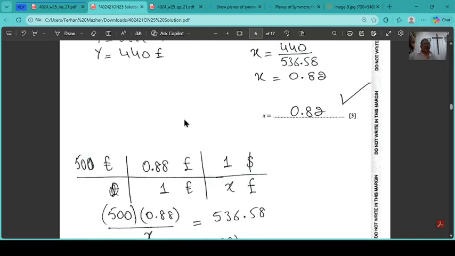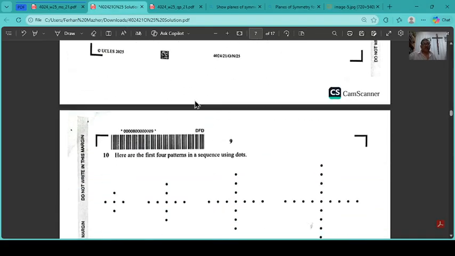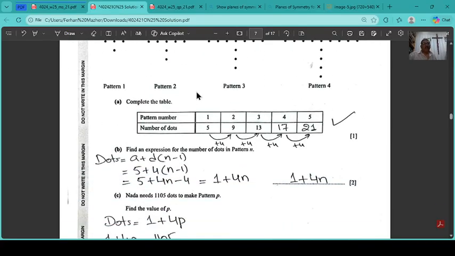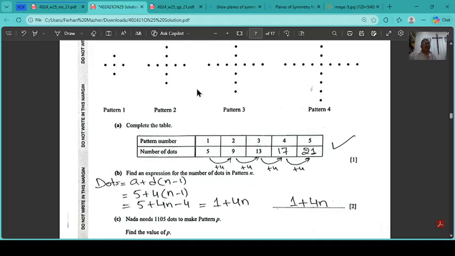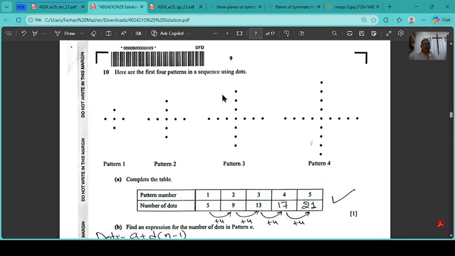I have done that, and let me show you how I did this. In pattern number 1, there are 5 dots. In pattern number 2, there are 9 dots. In pattern number 3, there are 13 dots. In pattern number 4, there are 17 dots. If you look at this sequence, you get the next term by adding 4.